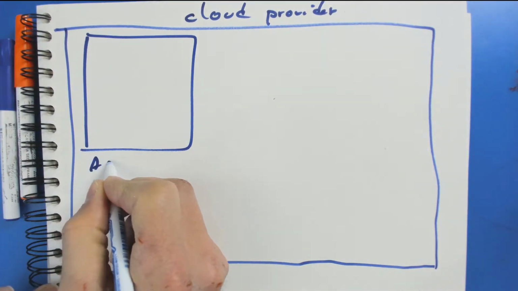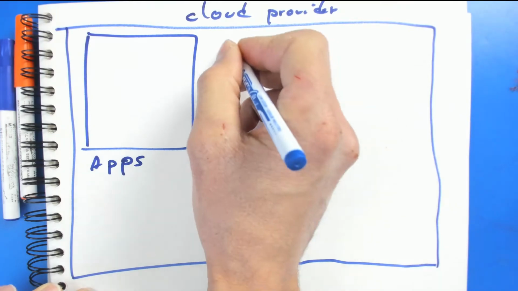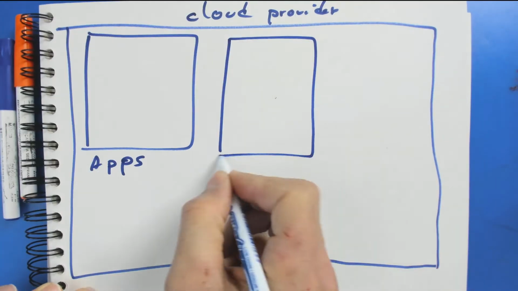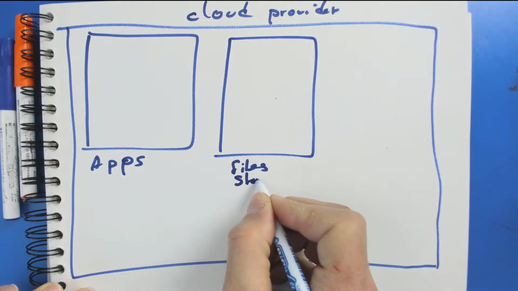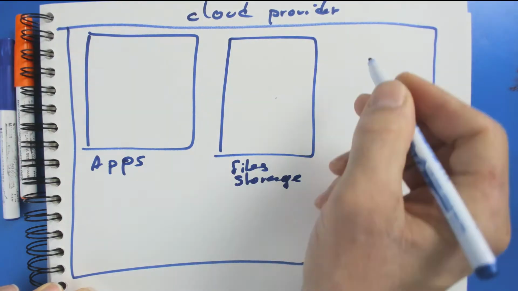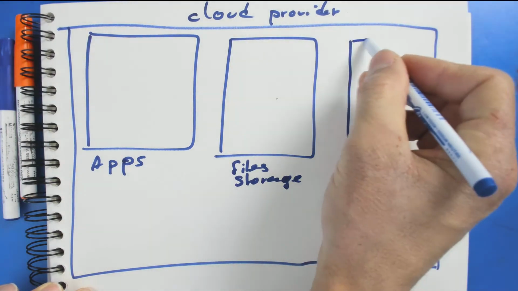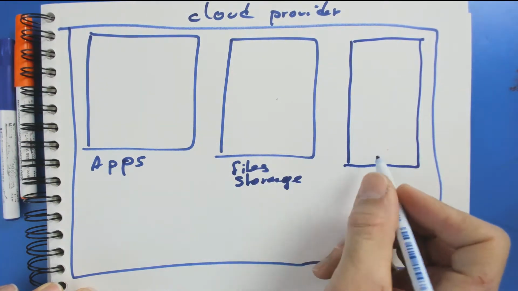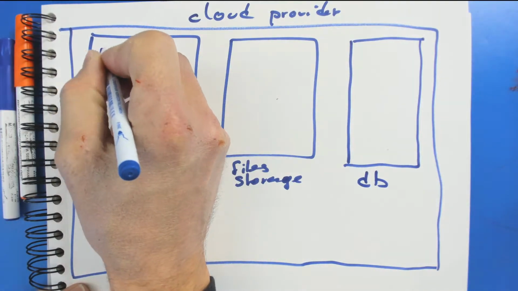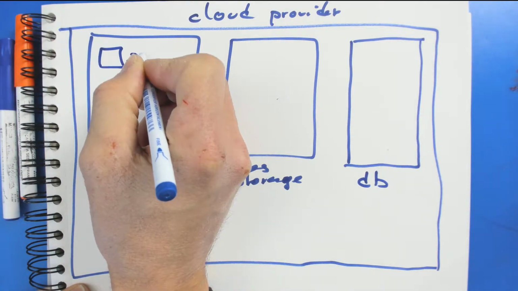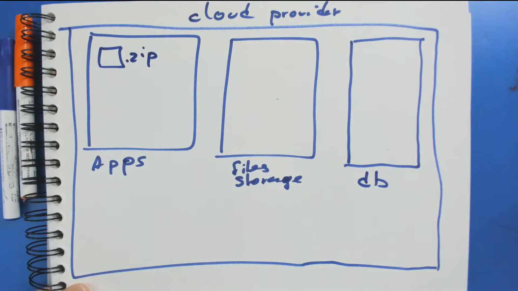We have application services, we have file storage services, and we have database. When you build your application, it will go here. You will provide a zip file of your application.